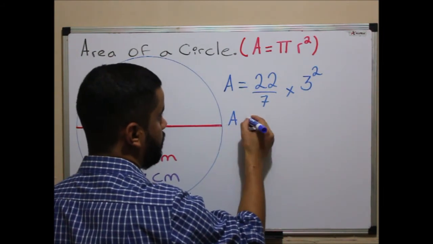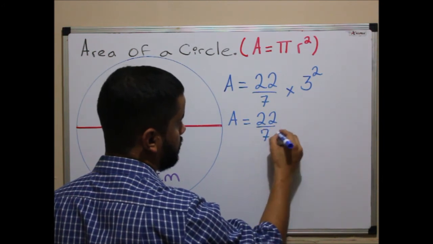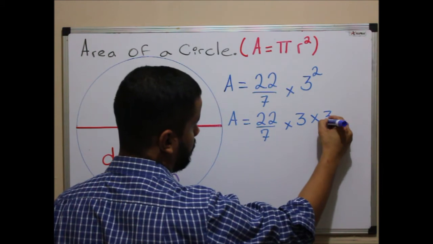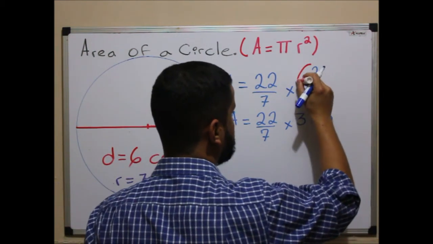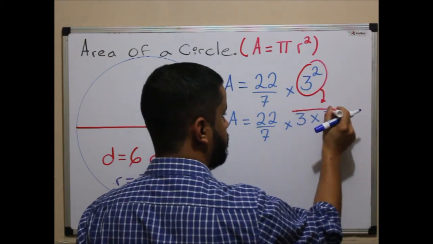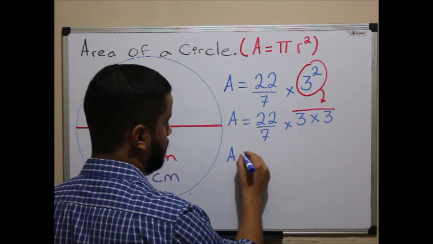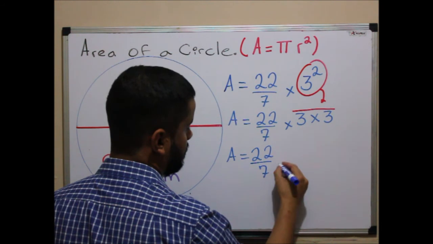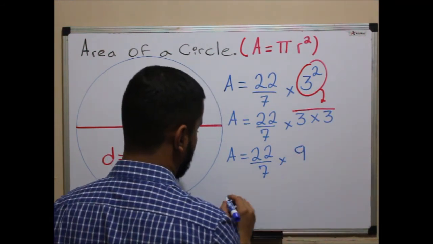Now the area will be equal to 22 over 7 times 3 times 3. Remember that 3 squared is the same as 3 times 3, which is 9.